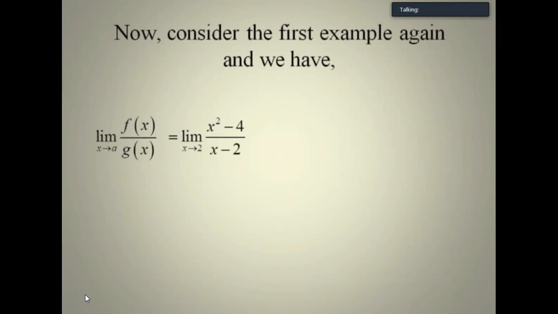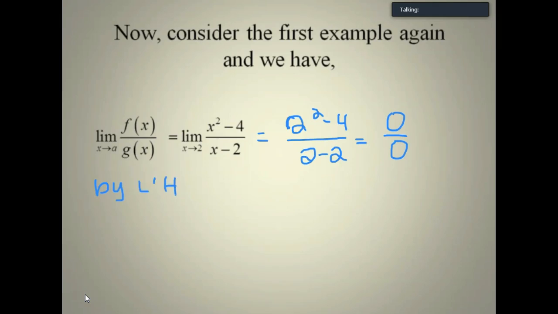We have that very original one again. So you know that you get 0 over 0 through direct substitution. Now, if you do this on an open-ended free response question, you have to say by L'Hopital, the limit as x approaches a of the derivative of the top over the derivative of the bottom, where a is 2, becomes 4.